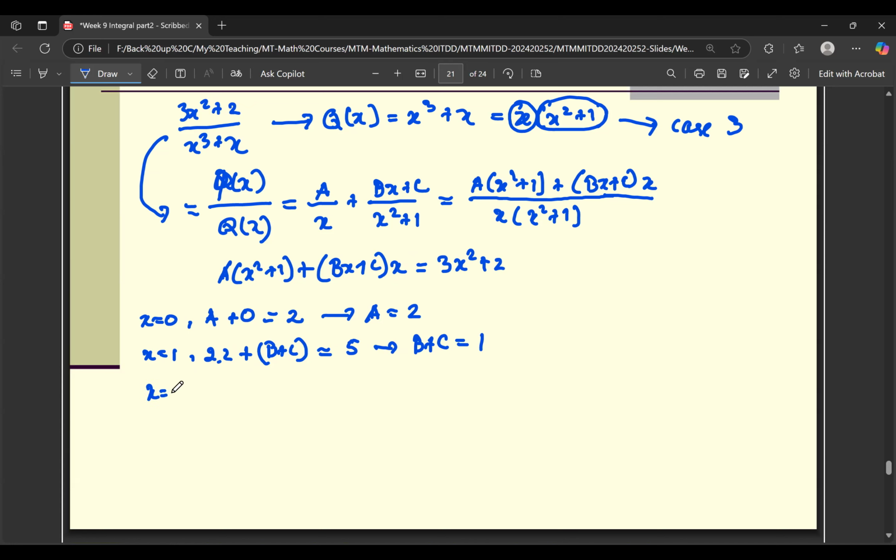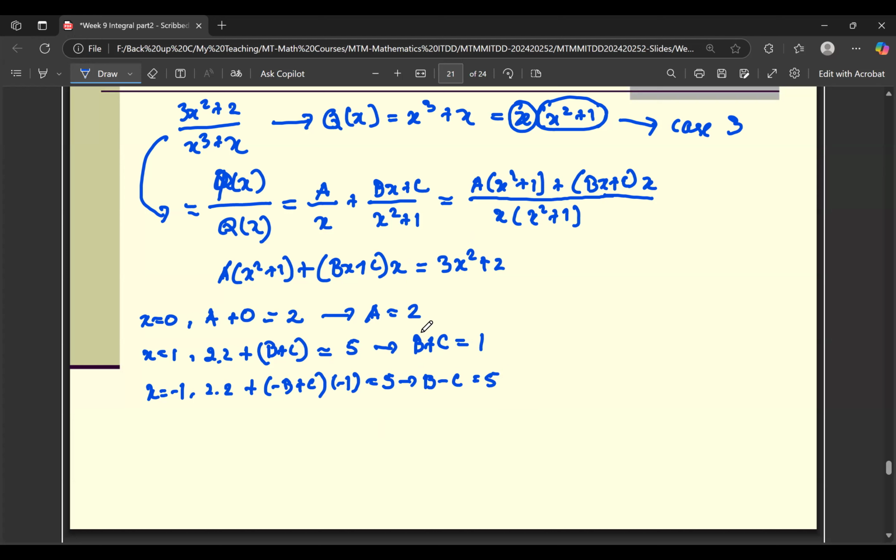And then maybe we can substitute x by minus 1. This is still the same as the previous: we have 2 times 2, and this is minus B plus C, multiplied by minus 1. So on the right, still the same, we have 5. Minus minus becomes plus, so we have B minus C is equal to 5 minus 4, so 1.